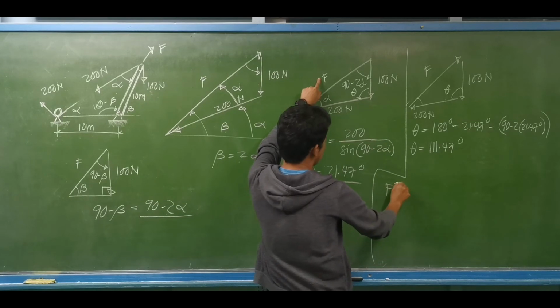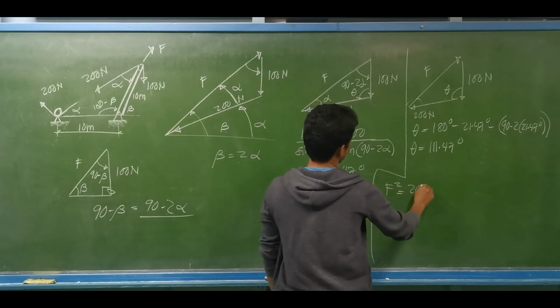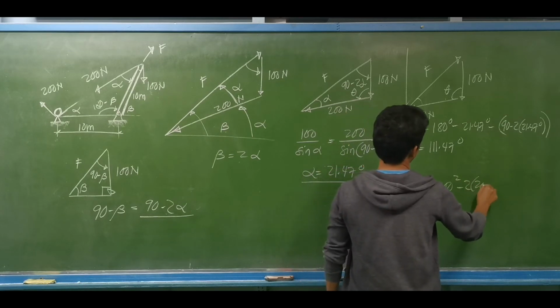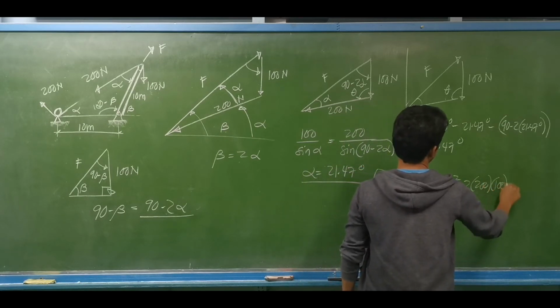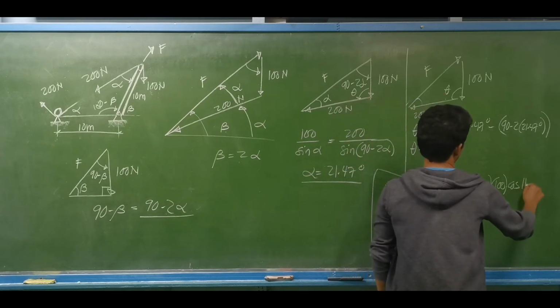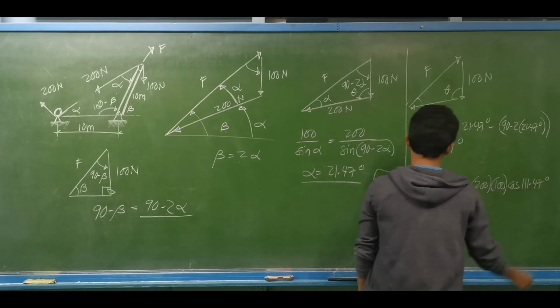we have the force F squared equal to 200 squared plus 100 squared minus twice of 200 by 100 times the cosine of the angle theta, 111.47 degrees.